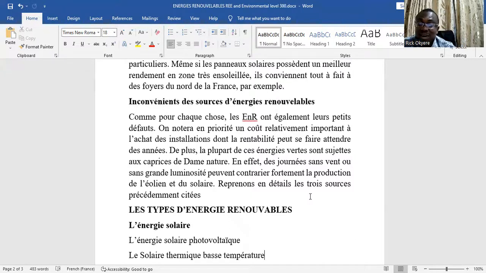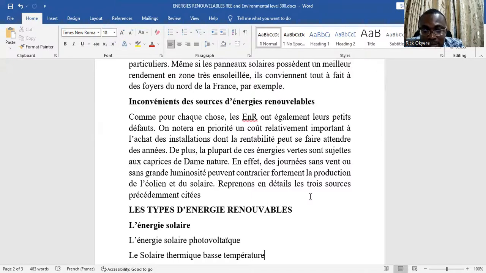And these are some of the disadvantages. If there's no sun, if it's raining, what happens? You don't have the natural source to produce light. Yes, even though these sources can be stored, the question is for how long. So if it cannot be stored for long, it means that whenever there's no sun, you don't have the constant supply of energy, and as a result, it can affect production of this energy. So that's another disadvantage of the renewable energy.